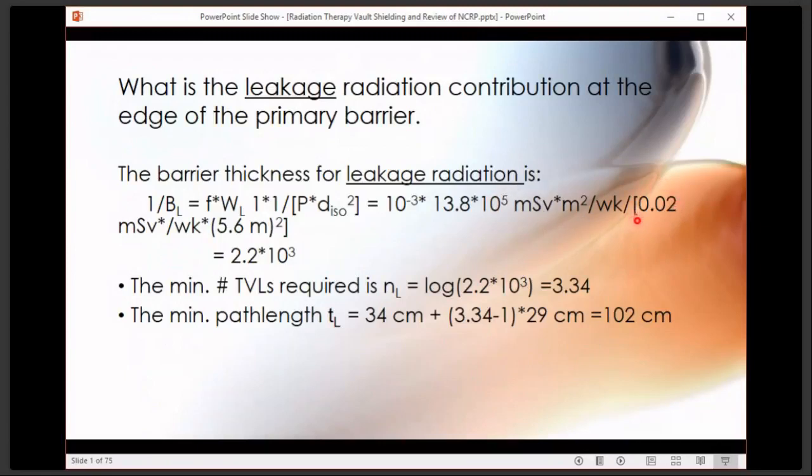It's an uncontrolled area, unit occupancy, U is 1, and the distance is 5.6 meters from the isocenter. And we get 2.2 times 10 to the 3rd as our 1 over B. So the log of that is 3.34. We need a little over 3 TVLs. So the minimum path length would be 102 centimeters, plugging in these values again from NCRP 151.